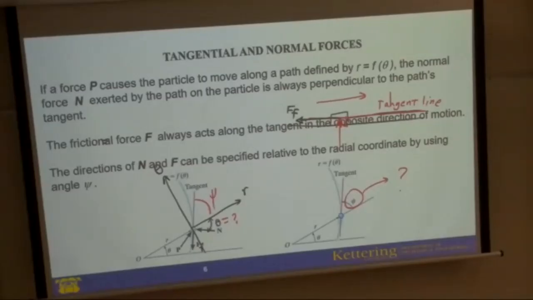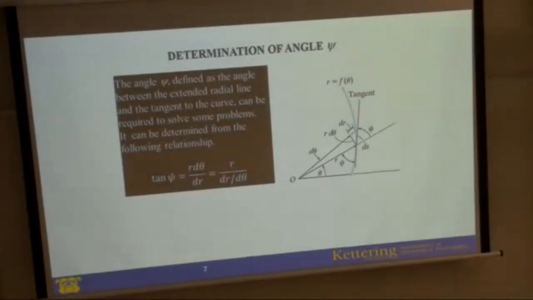You will see later, to find psi there's one formula: tangent psi equals r divided by the derivative of r with respect to theta. This equation is usually given to you, the equation of the path of the motion. For example, r equals 2 multiplied by theta.